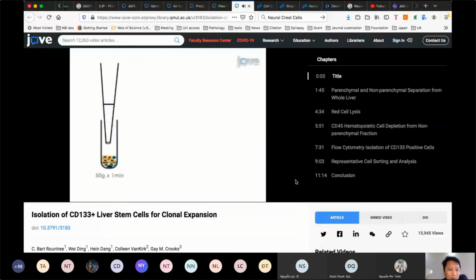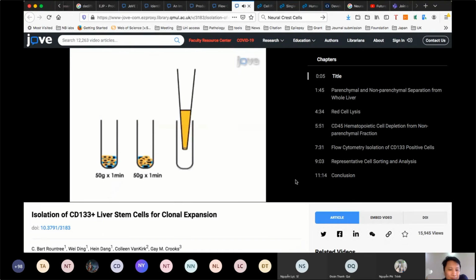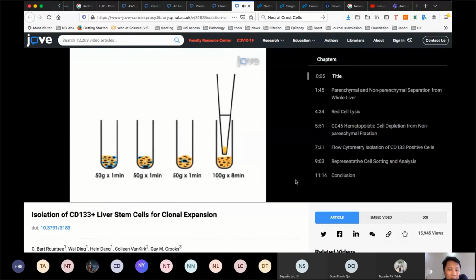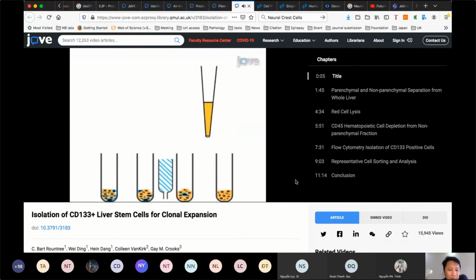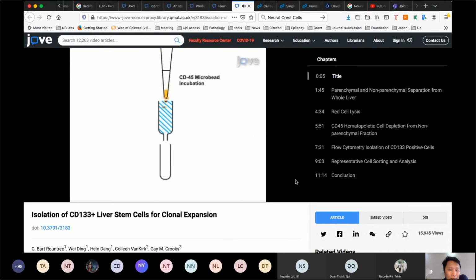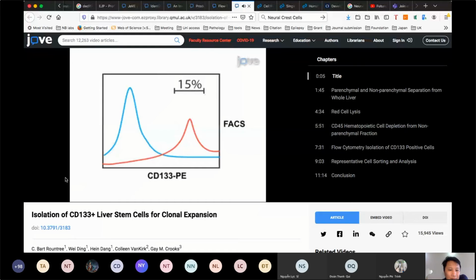Red blood cells lysis buffer is then added to remove the red blood cells. And the solution is applied to a magnetic CD45 antibody-containing column to remove CD45 leukocytes. The CD45 depleted cells are then sorted to enrich CD133 positive.